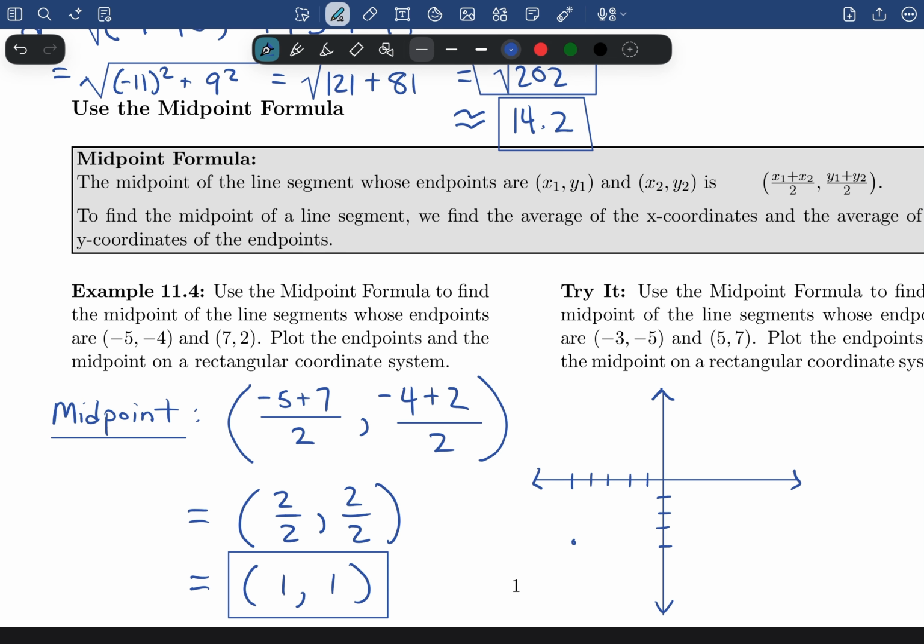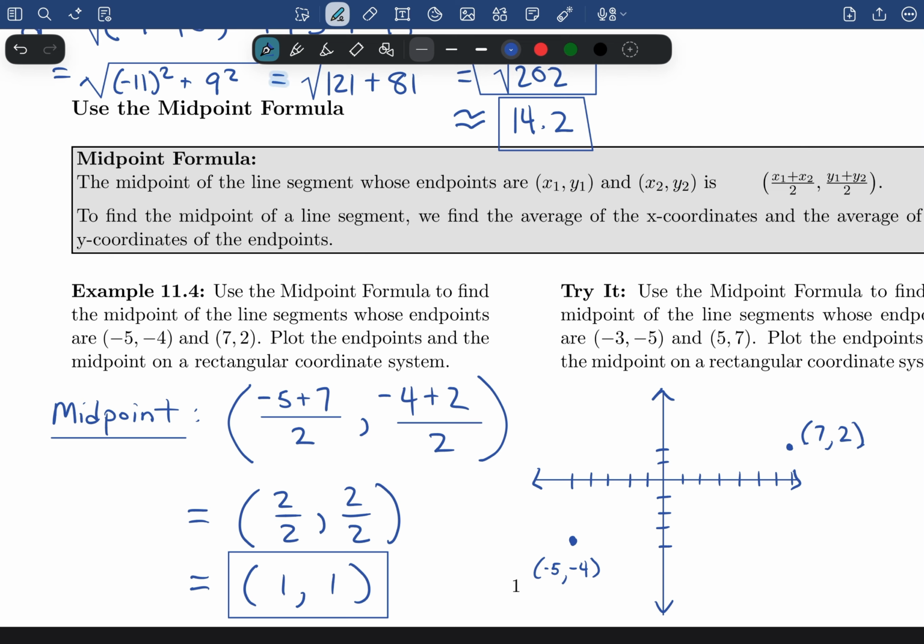Okay, so I'm plotting the point right here. That's the point (-5, -4). It's there in quadrant 3. Now I'm going to plot the point (7, 2). So I'm going to go 7 units to the right, 1, 2, 3, 4, 5, 6, 7, and then 2 units up. And now that is the point (7, 2), right there.